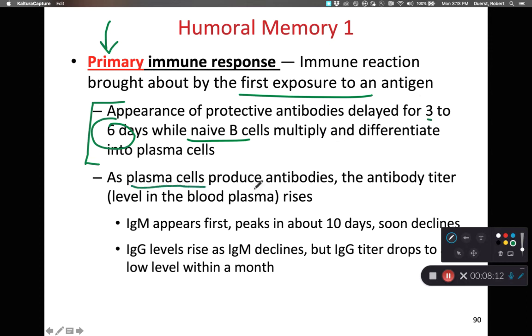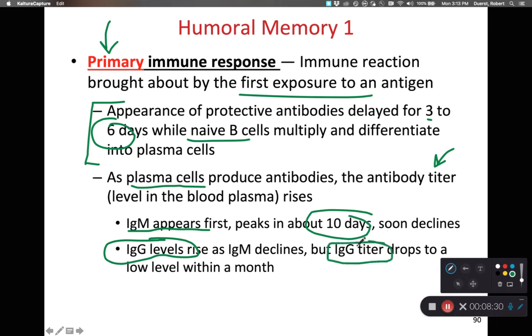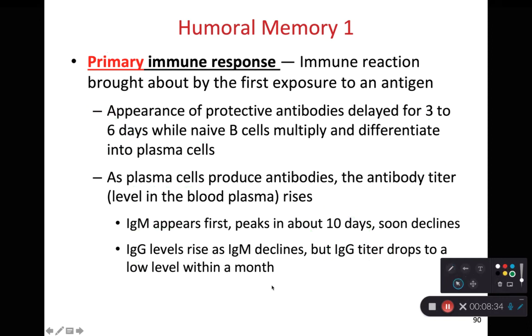And then once those plasma cells start to form antibodies, the antibody titer, or antibody blood concentration, goes up. We find first that there's a peak of IgM that peaks 10 days after initial infection and then goes down rapidly. And then we have a peak of immunoglobulin G, which rises, and the immunoglobulin G titer, or concentration, typically will drop off after about a month.